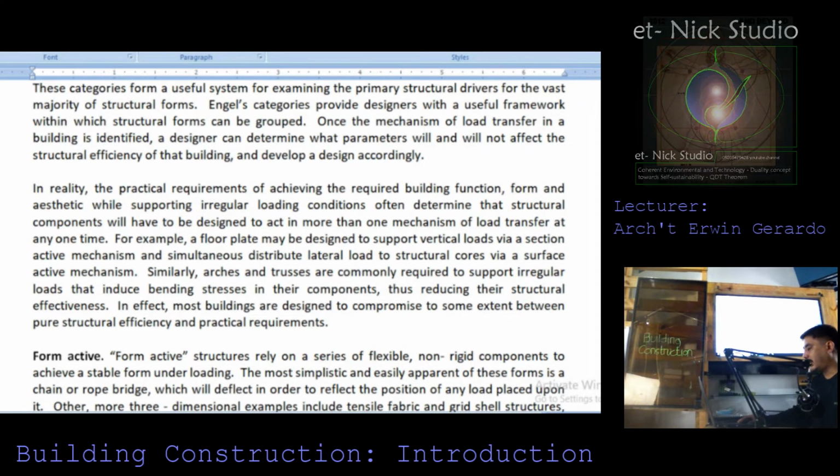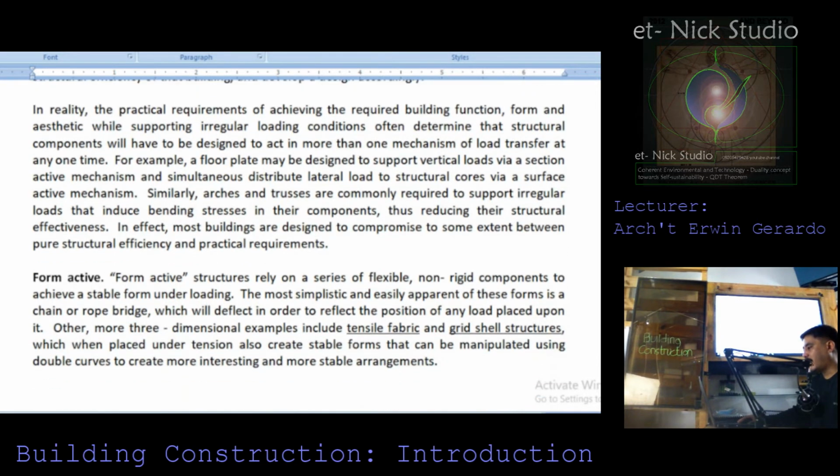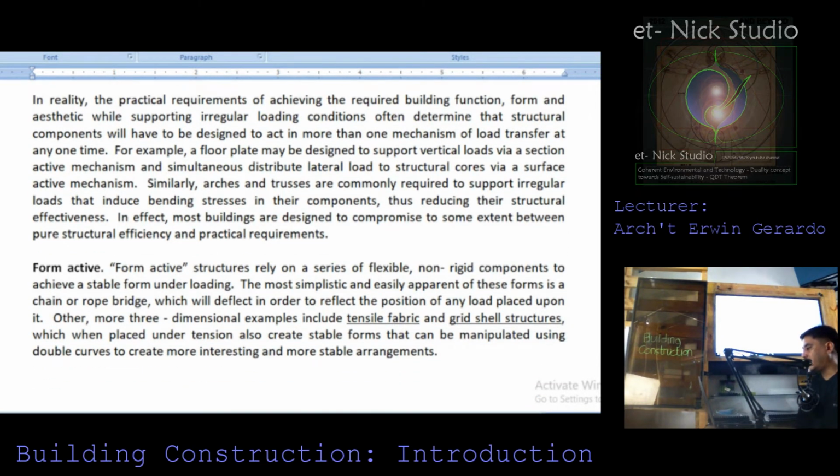In reality, the practical requirement of achieving the required building function, form, and aesthetic while supporting irregular loading conditions often determines that structural components will have to be designed to act in more than one mechanism of load transfer at any one time.